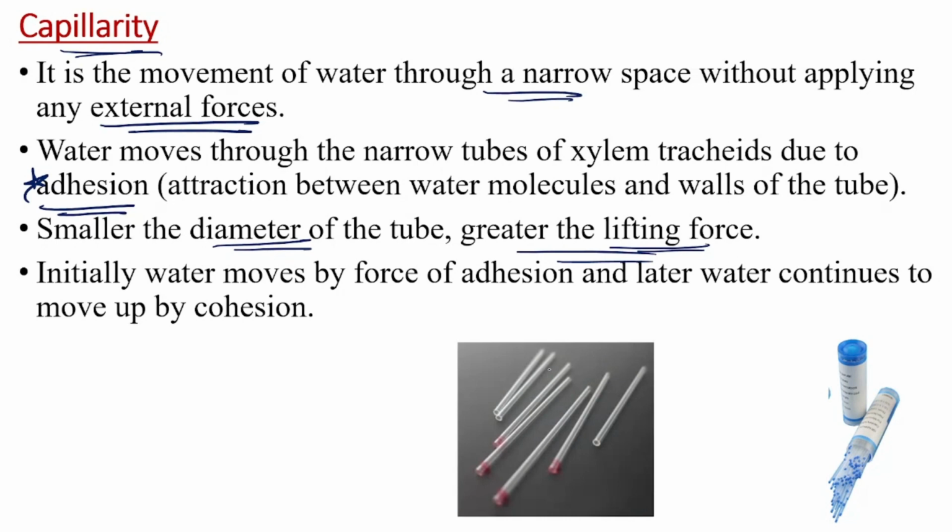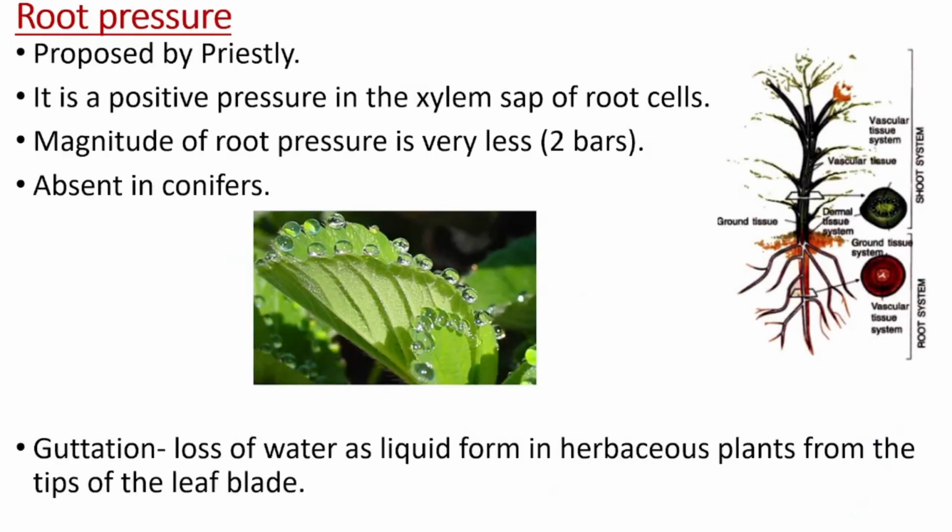Okay, so it failed to explain. But the main principle of capillarity is adhesion. That means the water molecules have attractive forces to the tubes of the xylem element, that is causing the water to move up.